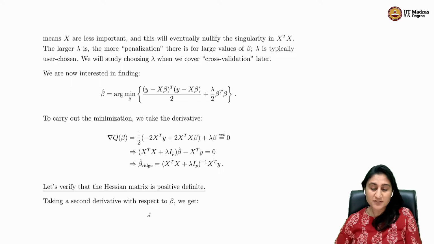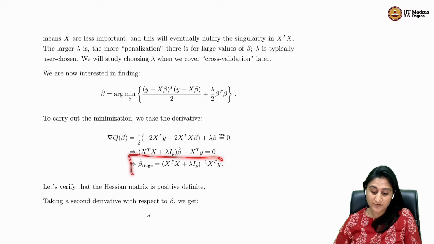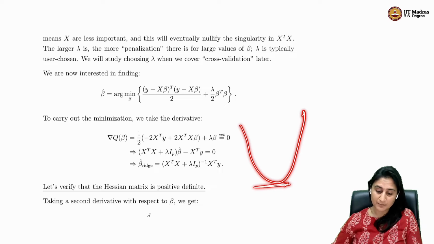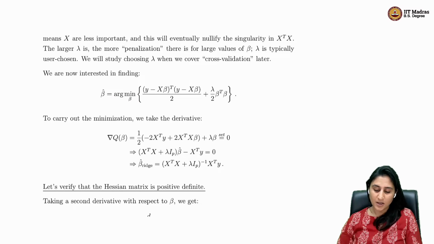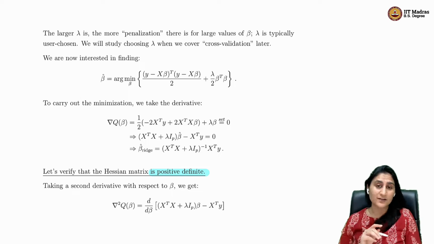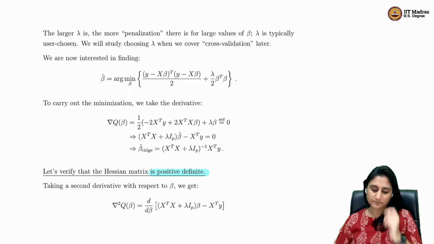Now, in order for us to be convinced that this is in fact where the ridge estimator happens, and this in fact is a minimum, because remember we're trying to minimize, I want to check whether the Hessian is positive definite here. Stress on the term positive definite now, not negative definite, because now we're in a minimization problem.